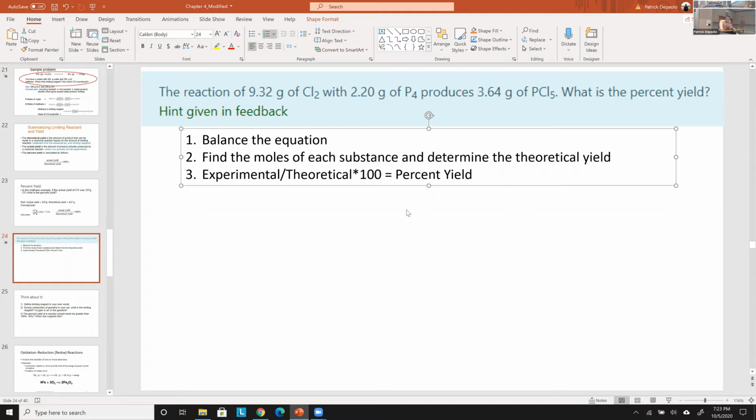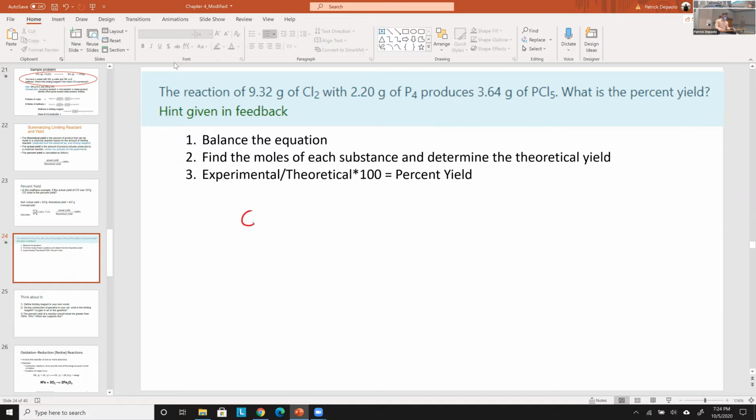That's saying that you need to find out the equation, balance the equation, figure out the moles of all the reactants, figure out the limiting reactant, figure out how much of the product the limiting reactant is responsible for making, and then take that number and put it in the denominator of the actual yield of 3.64, and then figure out the percent yield. So this encompasses every skill we learned so far. So good metric. And don't worry, I don't think all of them will be like this on the homework.